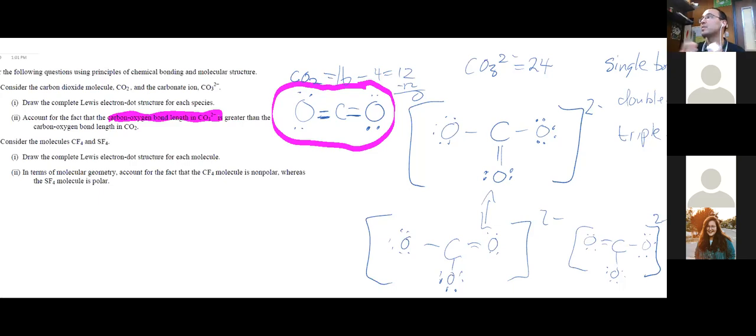You're going to get a mix between them, right? And so our structure for carbonate is somewhere between all three of those. Now, does CO2 have another major resonance structure, or is it only that? Just that. It's only that, right?